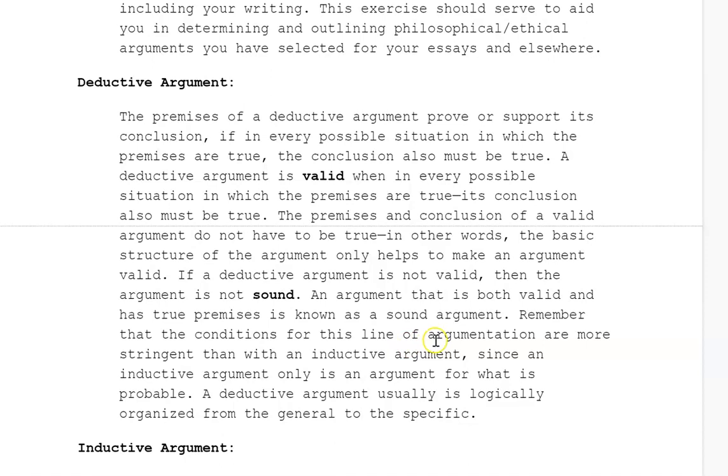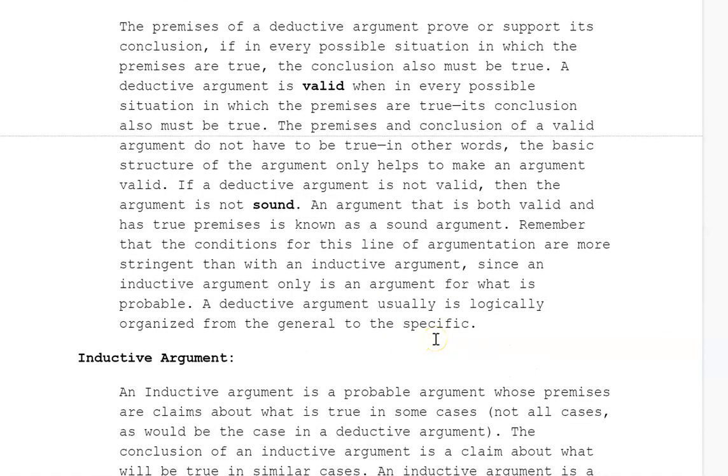And remember that the conditions for this line of argumentation are more stringent than with an inductive argument, since an inductive argument is only an argument for what is probable. A deductive argument usually is logically organized from the general to the specific.